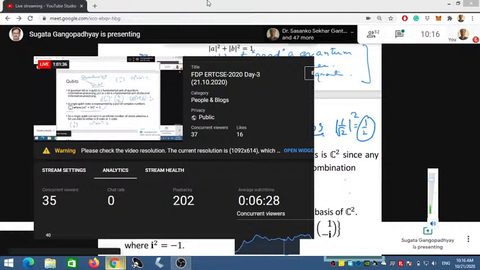So I'll be having something like this: a plus b by square root of 2 and a minus b by square root of 2. So I have got a system of equations: a plus b by square root of 2 equal to 1, and a minus b by square root of 2 equal to 0. Right, because this is the equation, this is a system of equations.